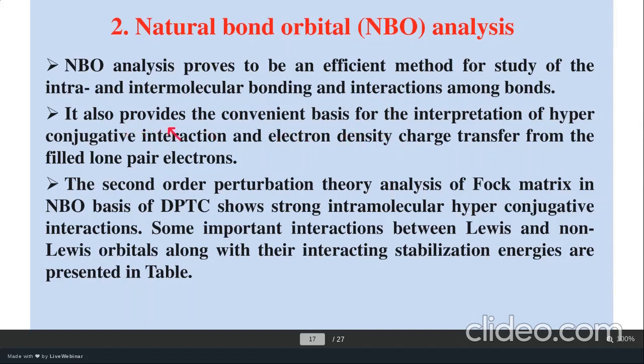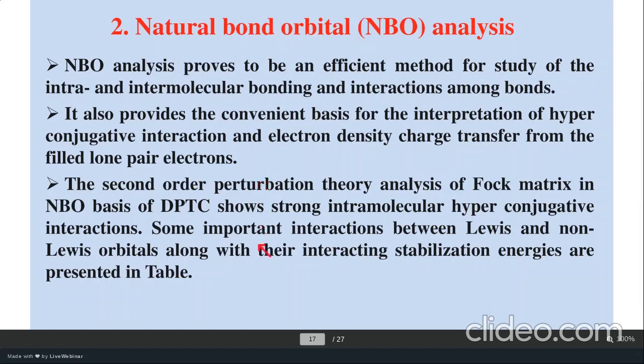It also provides a convenient basis for the interpretation of hyperconjugative interaction and electron density charge transfer from the filled lone pair electrons. Basically, NBO provides the most accurate possible natural Lewis structure of the wave function, because the orbital details are mathematically clear and they include the highest possible percentage of the electron density.